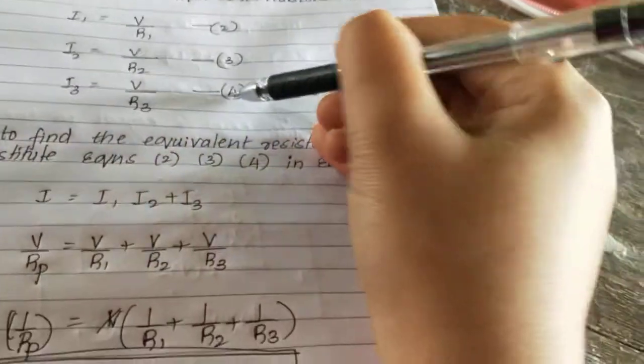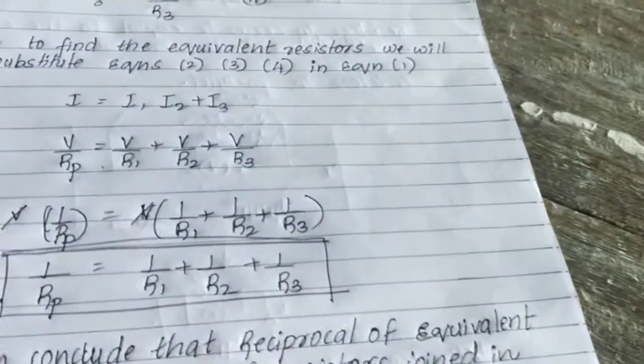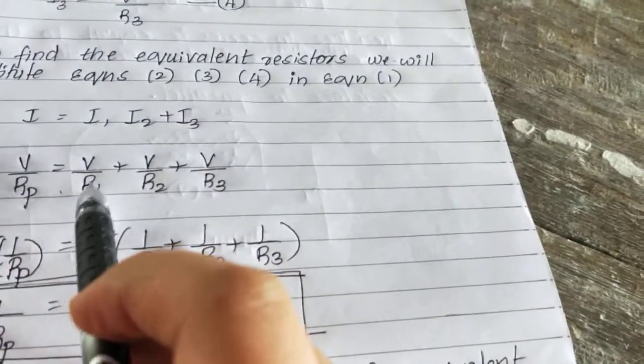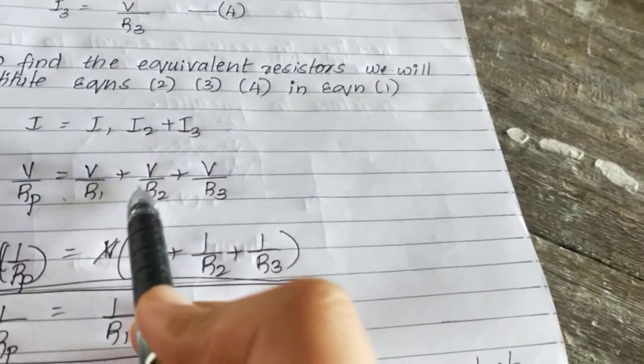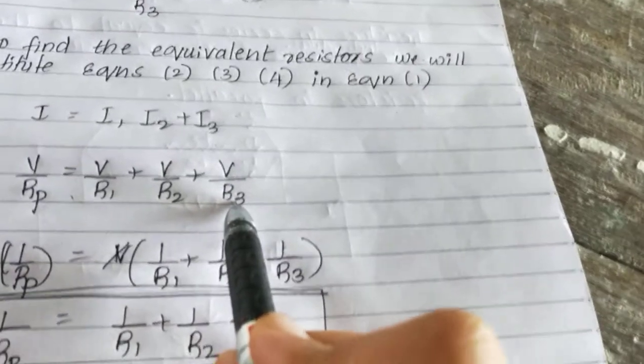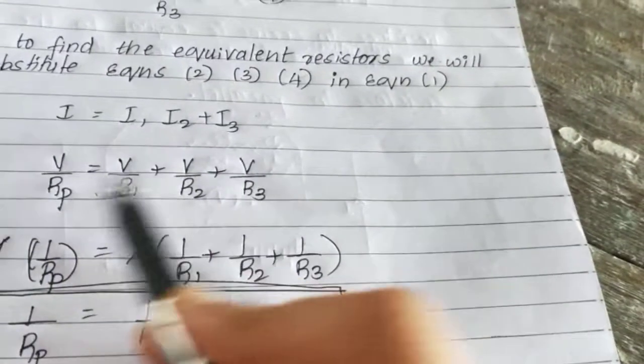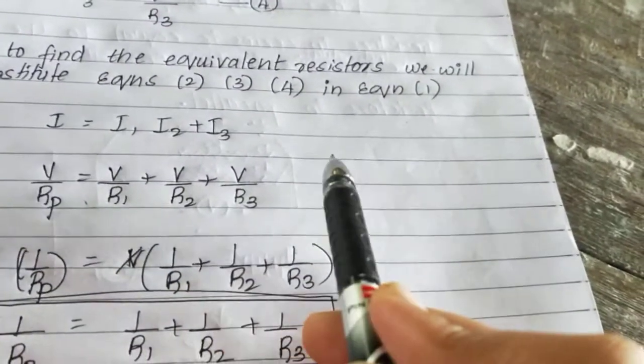We get V by Rp is equal to V by R1 plus V by R2 plus V by R3.